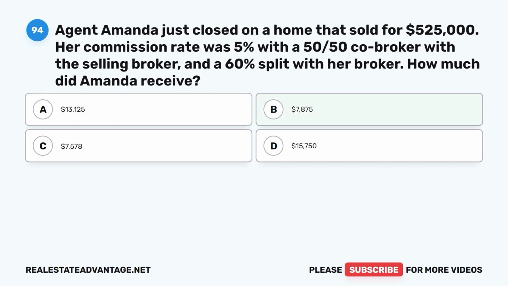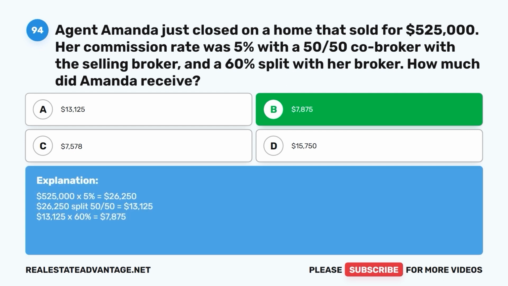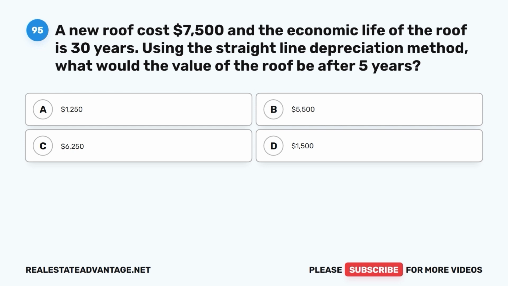The correct answer is B. $7,875. $525,000 times 5% equals $26,250. $26,250 split 50-50 equals $13,125. $13,125 times 60% equals $7,875. Question 95. A new roof costs $7,500 and the economic life of the roof is 30 years.